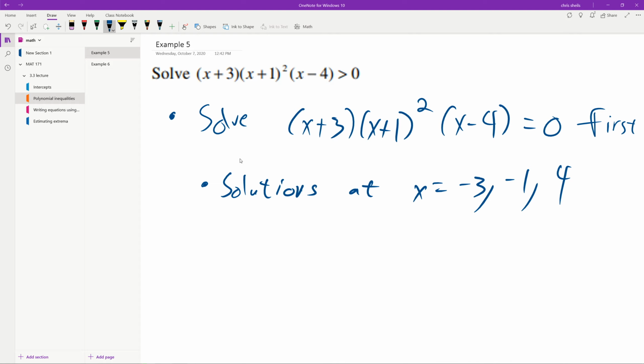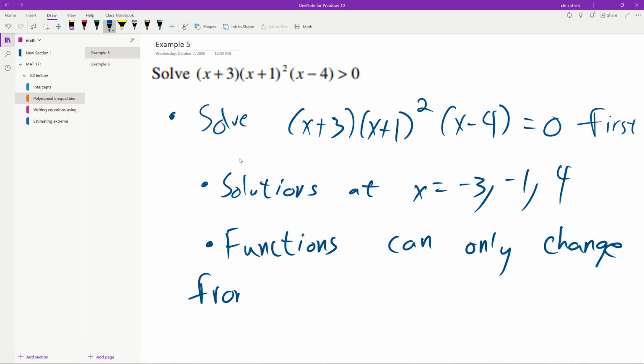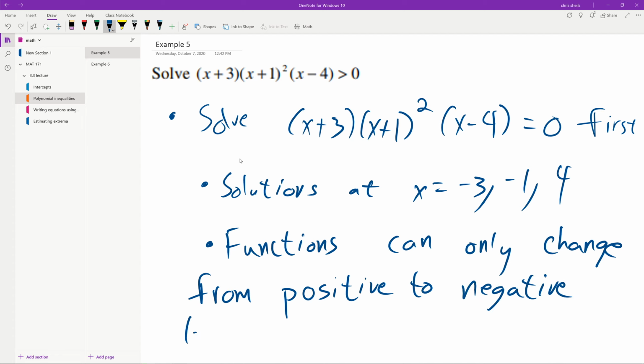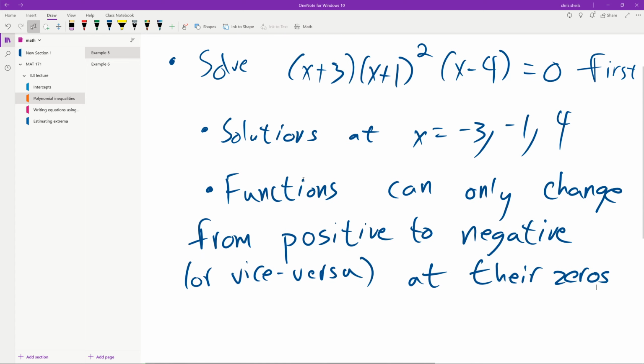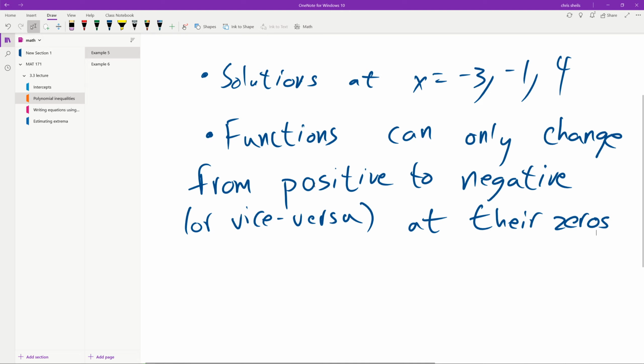We use this information combined with the fact that functions can only change from positive to negative or vice versa at their zeros, because you have to pass through 0 to go from being negative to being positive, or from being positive to being negative.